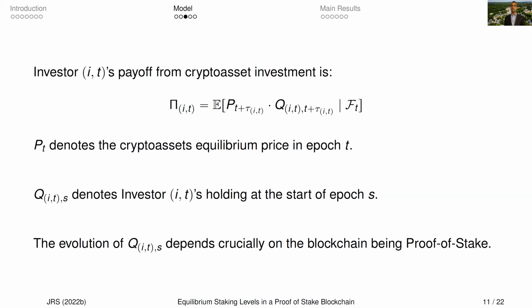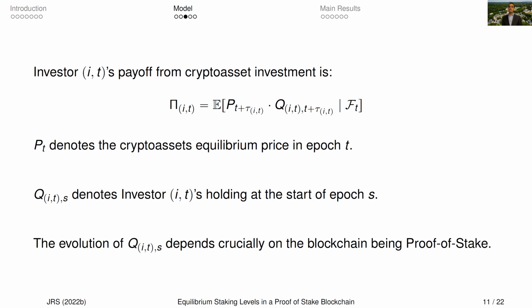Similarly, if you arrive at T and you're going to leave at T plus tau, then you're going to be interested in your quantity at T plus tau. And all this is saying is the market value of your position when you are going to sell. You're going to take the conditional expectation of that. Now, this is at such a high level that you might wonder, where does the proof of stake blockchain show up?